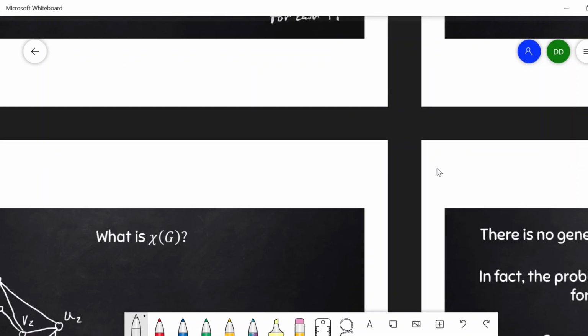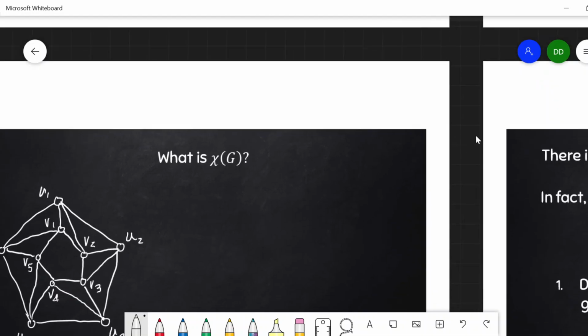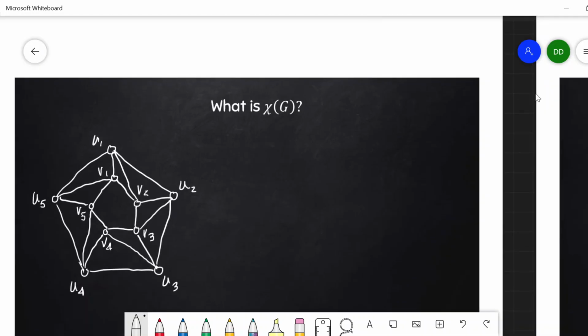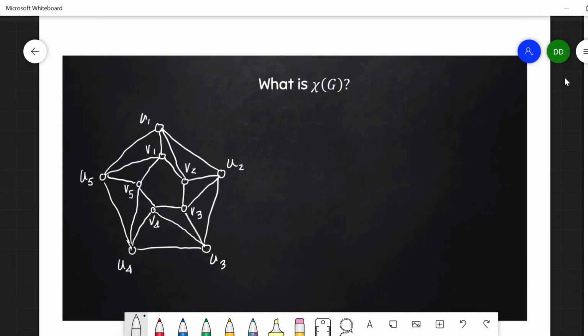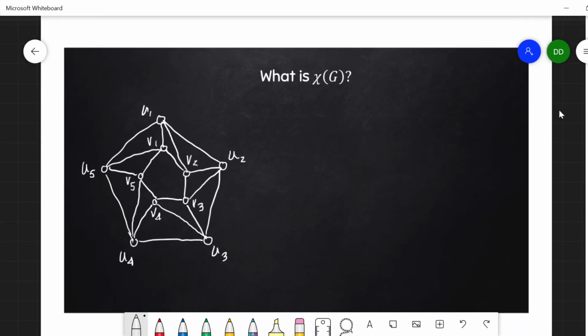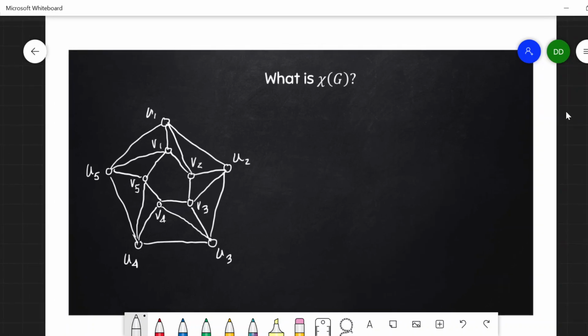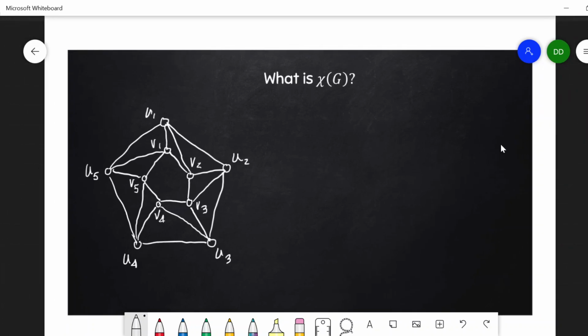We've seen other properties of graphs that are defined similarly, as the minimum or the maximum positive integer k. We've seen this in other topics.